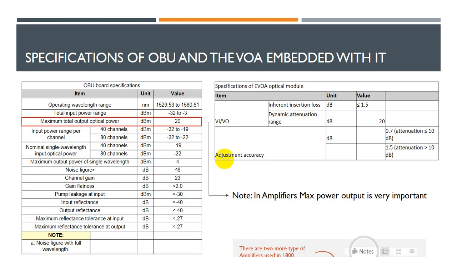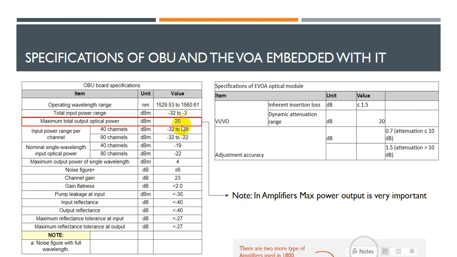This is the specification of the OBU board and the variable optical attenuator embedded with it. So the main thing is these are very general things, what range it works, and what the input and output range is. This is one which I would like to highlight: the total optical output power is 20 dBm.